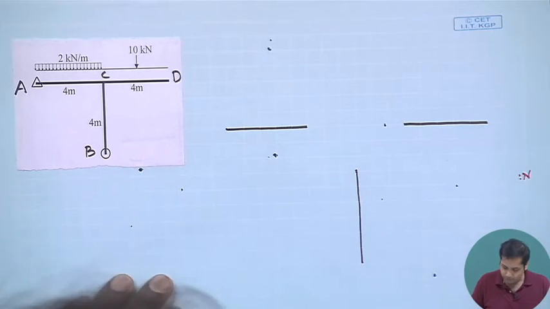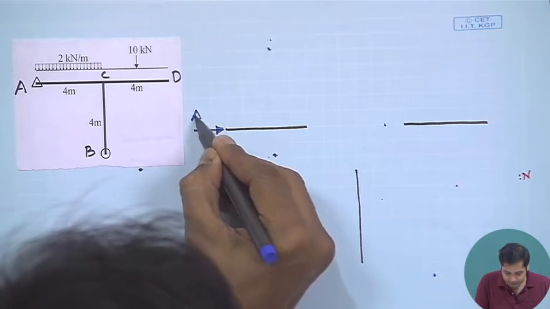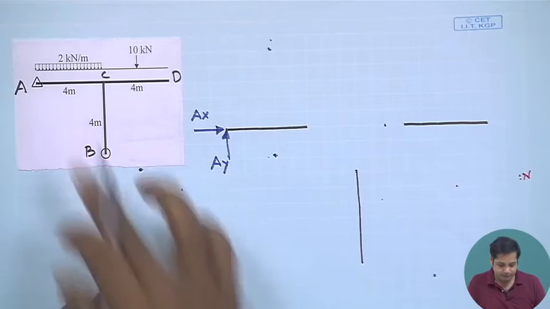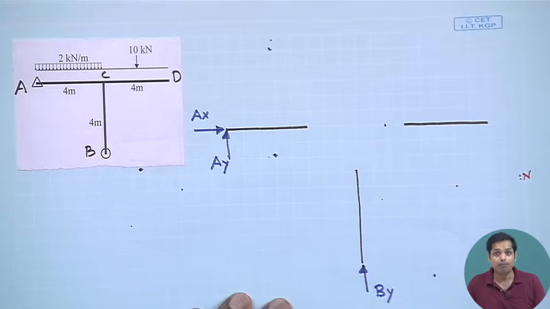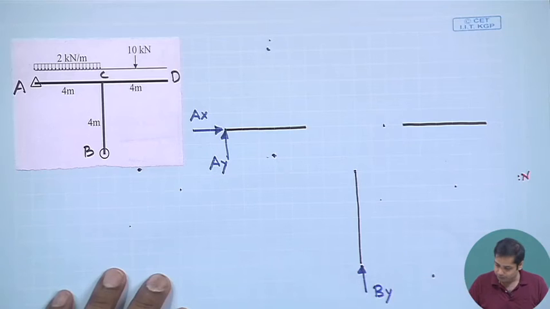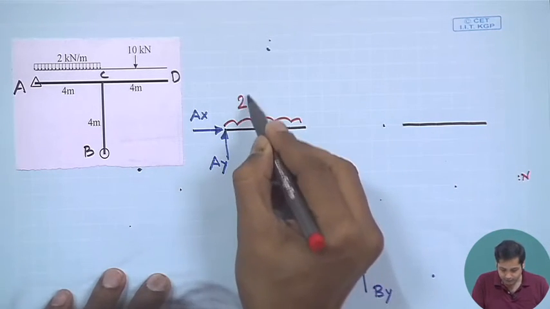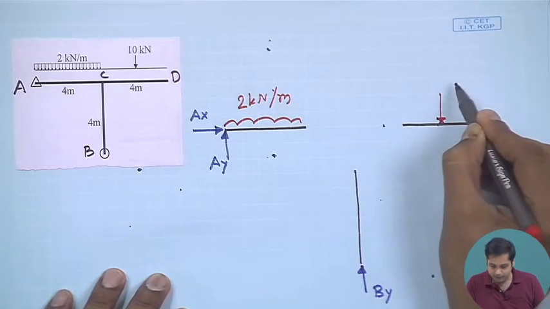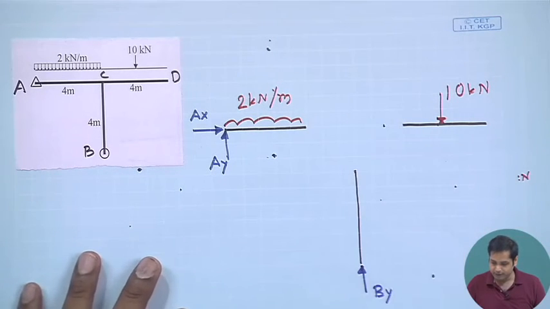We have AX and AY, then we have BY, and then the externally applied load, this 10 kilonewton. Anything else? All the external loads are shown.